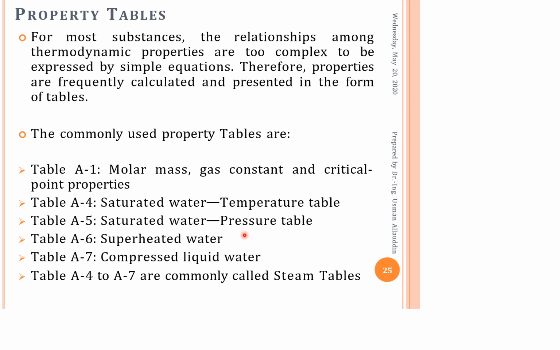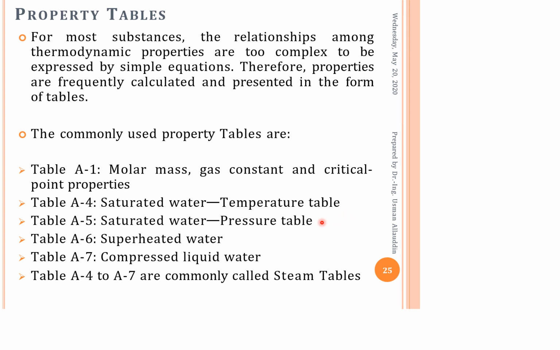So how will we know that superheated water is given to us? When we can't find the properties in these two tables, then we will know that our value lies in the superheated region, because our priority is to use the temperature table first. But when the value is not found, then we will go for the pressure table.